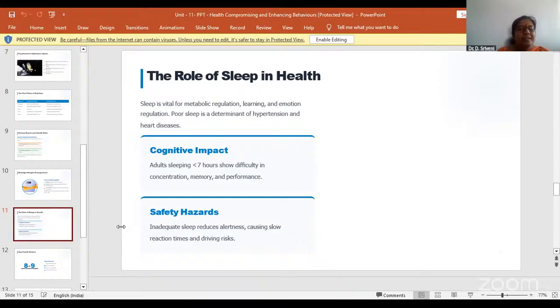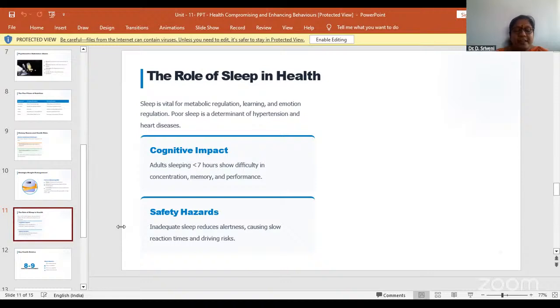The psychological aspect of compromising behaviors is a vicious circle. Individuals often engage in health compromising behaviors as a maladaptive way to cope with existing stresses. For instance, a person experiencing high workplace stress might turn to smoking or overeating for relief.